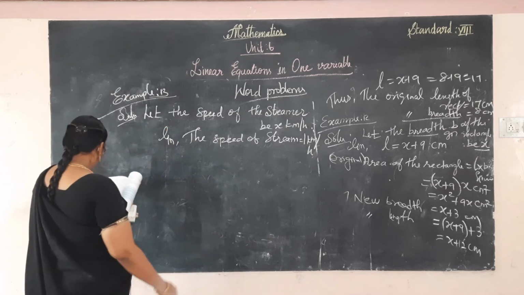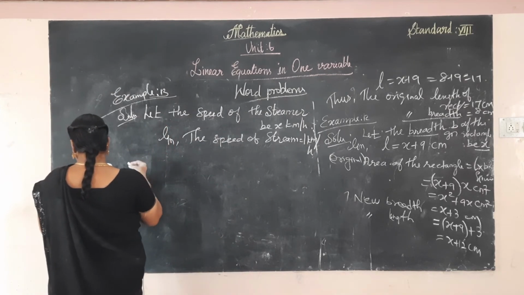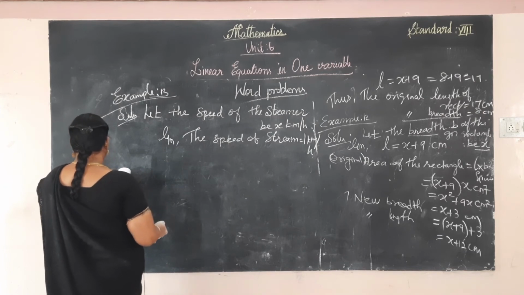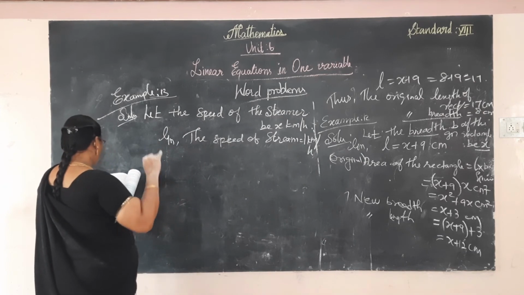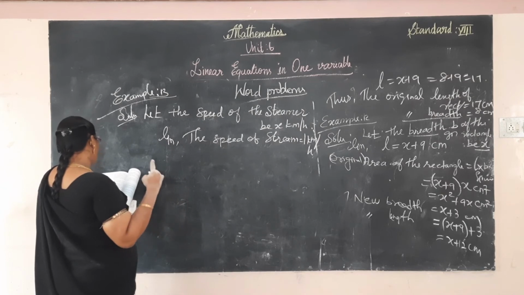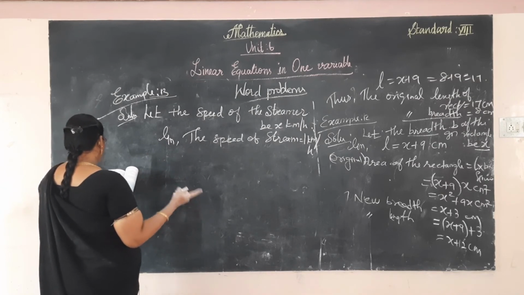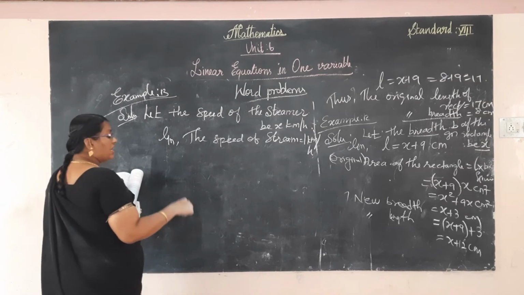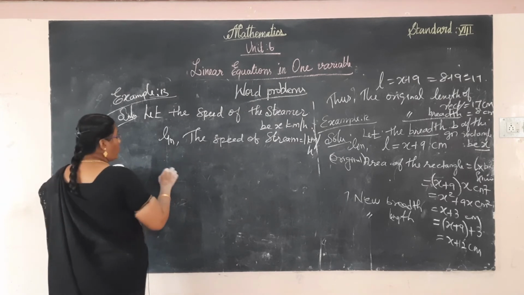Right. The first one, downstream. The steamer goes downstream from one station to another in 9 hours. So the speed of the downstream we have considered is x plus 1.